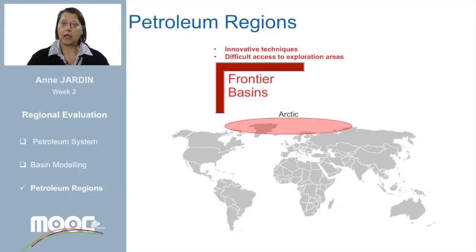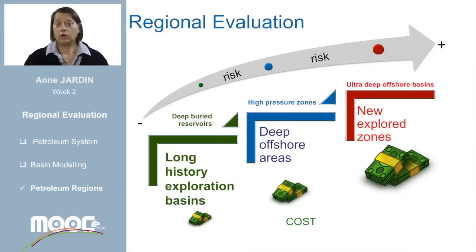Frontier basins are the most recent areas for exploration. These zones require innovative techniques because of the difficulties of accessibility and climatic conditions. The Arctic is the most significant example of these frontier basins. A lot of challenges remain to discover new hydrocarbon resources, depending on the type of reservoir.